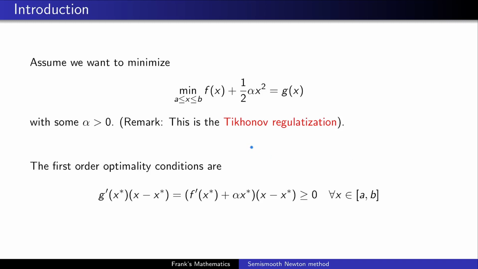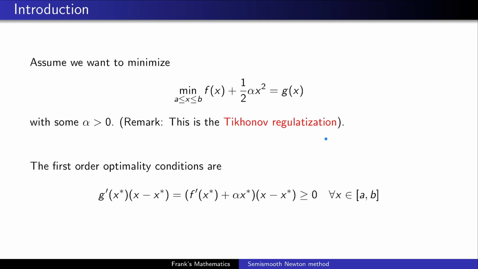So assume that we want to minimize the following extended optimization problem. Here you can see we want to minimize f of x, but with an additional cost term, which reads as 1/2 times alpha times x squared. This is called the Tikhonov regularization of minimizing f of x, and the parameter alpha is called the Tikhonov regularization parameter.